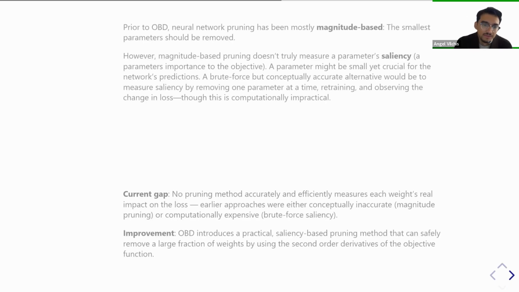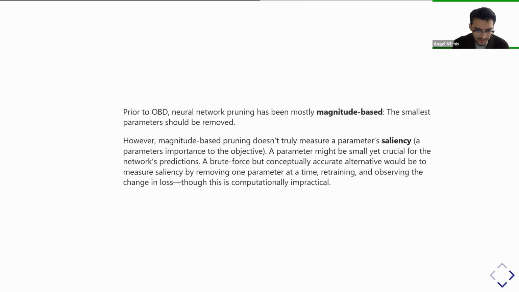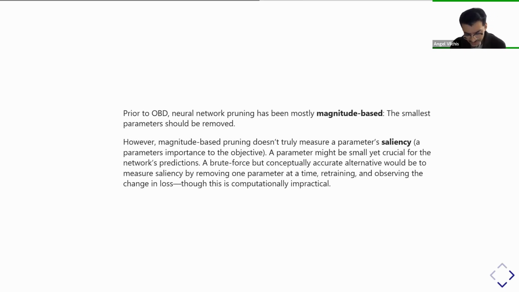So now we move on to what OBD addresses. Magnitude-based pruning is not conceptually accurate. There's a brute force way to measure saliency, which is we remove one weight, retrain the model, see how the objective does, and then we put that weight back, remove another one, and see how the objective does.